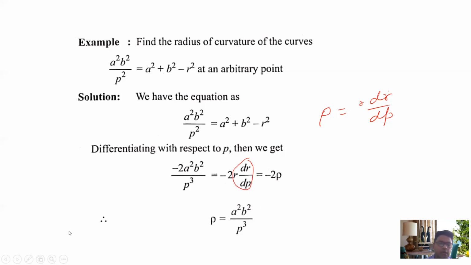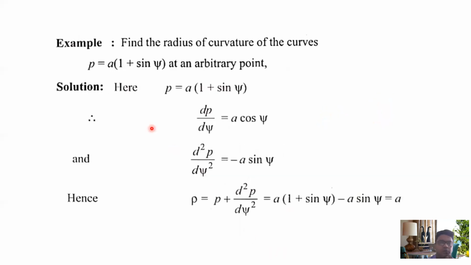So from here it is clear, rho is equal to a²b², the minus signs cancel, the 2 cancels, by p³. So this is the radius of curvature of the given curve at any arbitrary point.